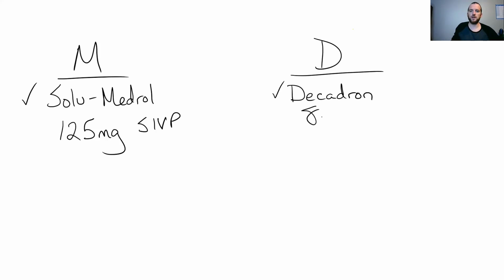Decadron, the dose is a lot more commonly in the 8 to 24 milligram range. Same thing, you can give it IV, you can give it IM as well, but ideally for this difficulty breathing patient, we'll get them IV if we can. But some of those you can give by different routes.